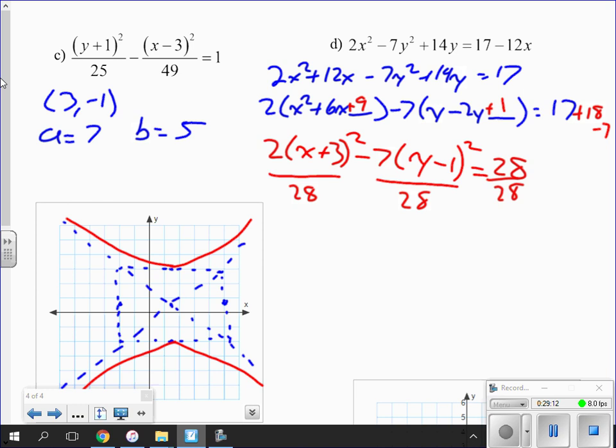So I end up with x plus 3 squared over 14, because the 2 and the 28 reduce, minus y minus 1 squared over 4, oh, that's so nice, equals 1.